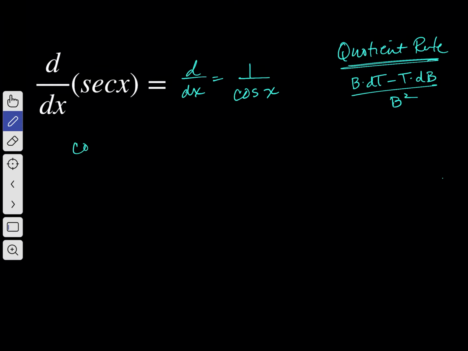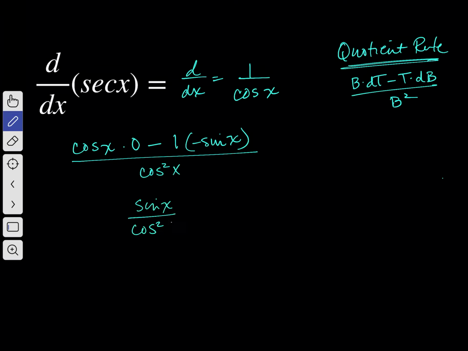Okay, so let's see, bottom cosine x times derivative of the top, 0, nice, minus the top times derivative of the bottom over the bottom squared. All right, so this is going to be sine x over cosine squared x, which is sine x over cosine x times 1 over cosine x.